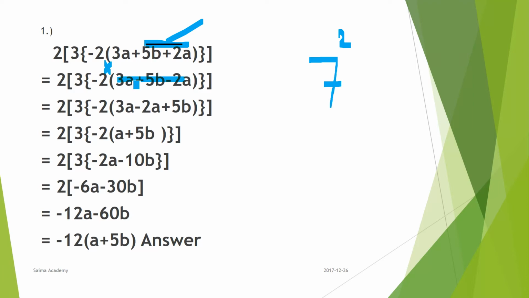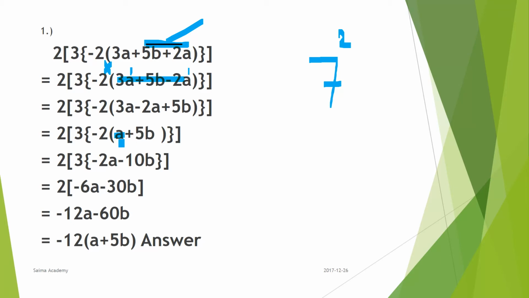But in this case, both have the same base a and the same exponent or power, which is 1. So it will be 3a minus 2a plus 5b, and then 3a minus 2b equal to a. This is the plus minus rule here.